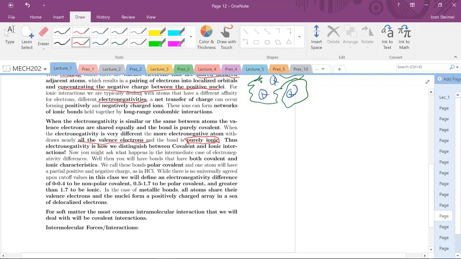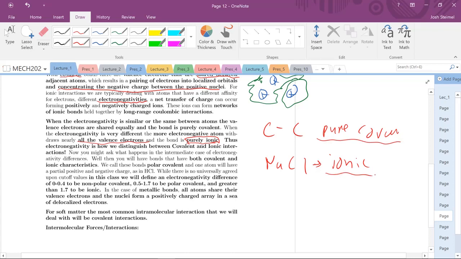Obviously, if I have carbon and carbon bonding, that's a pure covalent bond. If I have NaCl, that's as close to a pure ionic bonding interaction as you can get. But what happens in these intermediate cases where there's not a huge electronegativity difference? This is where things are frustrating, because there's no unified standard. The real answer is we're never really purely covalent or purely ionic.